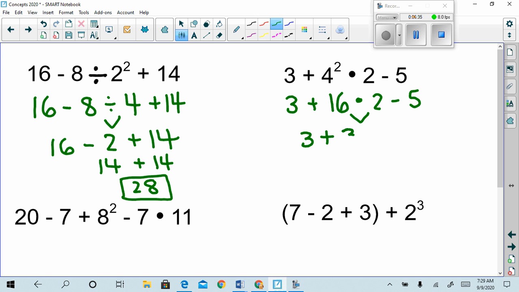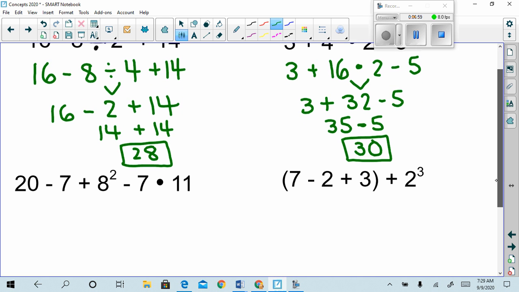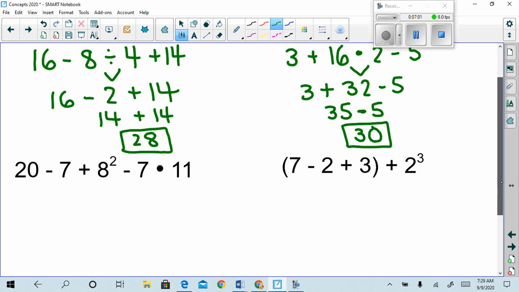That's going to give me 32 minus 5. Back to the left to right rules, keep going. This is going to be 35 minus 5, and my final answer here is 30. Hopefully we're agreeing, and if there's a problem, we will clarify that.